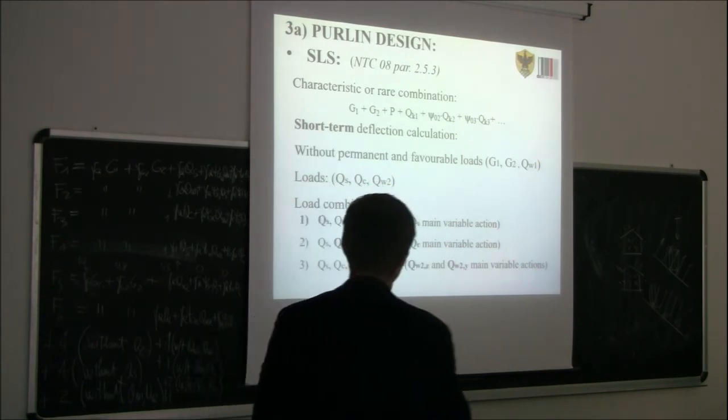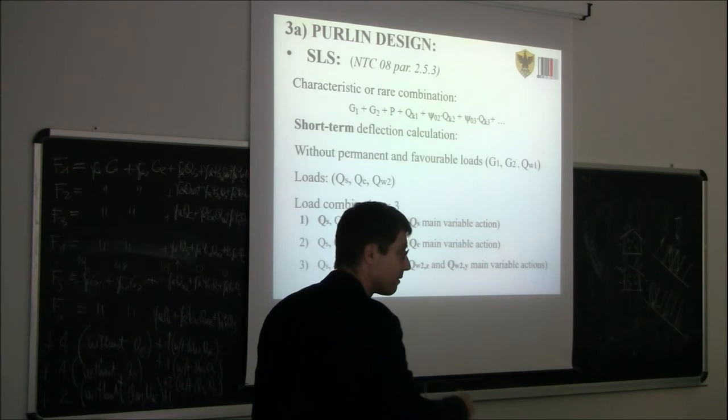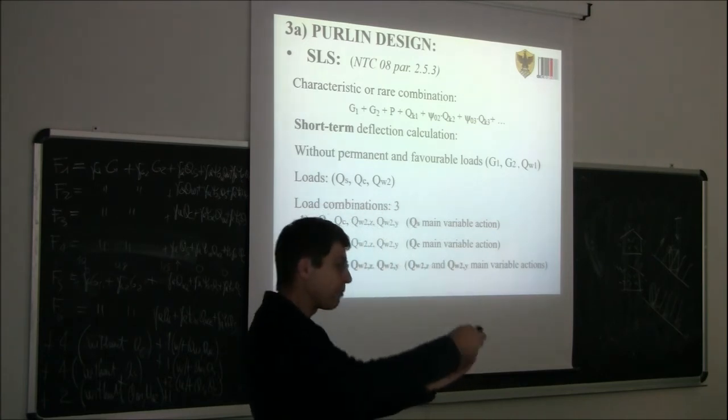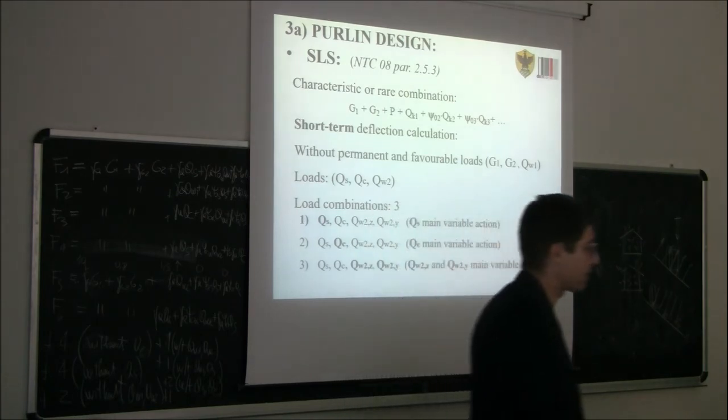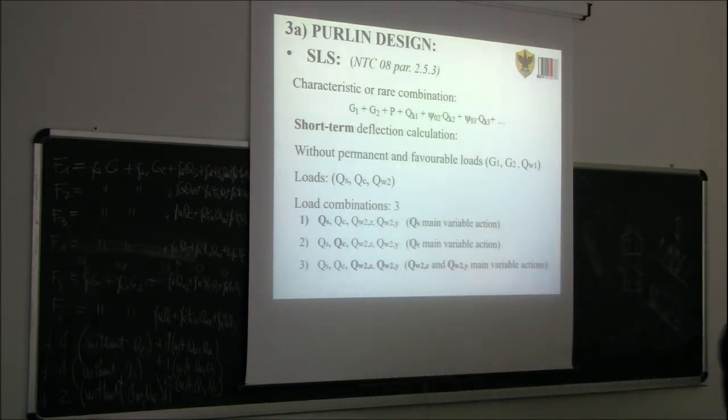Strictly speaking, we would also have this Y, so we would have the vertical component and the horizontal one, but the horizontal one is so small that it's not worth spending hours to find out that the deflection, rather than being, I don't know, 17 millimeter, is 17.3 millimeter. This 0.3 millimeter doesn't really change anything. Okay?